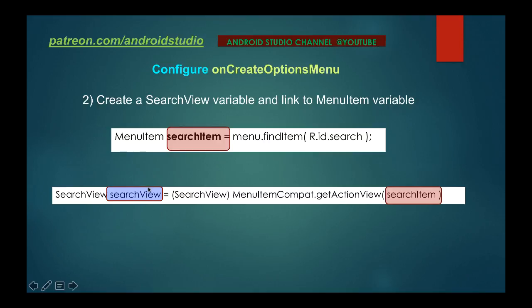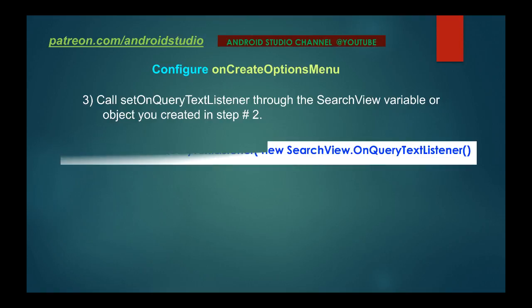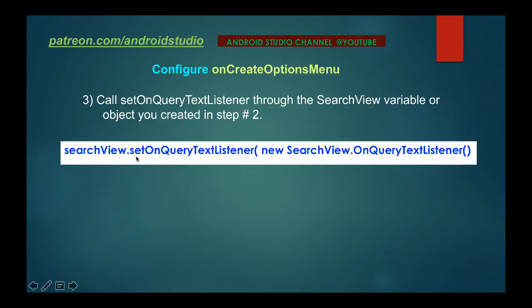Here the letter V is a capital letter. So this is the name of our search view here. Okay, so through that search view variable or object, we are calling the method set on query text listener through this dot here.